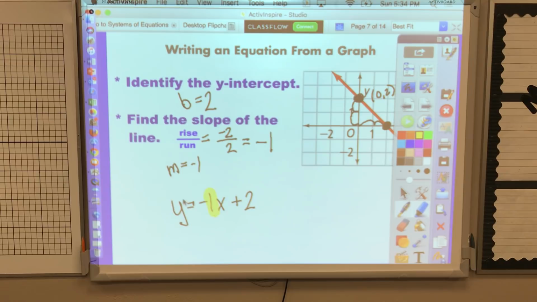So if we have a coefficient of 1 or negative 1, we actually don't want to write down that 1. So what we should write instead is y equals negative x plus 2. They mean that same thing, so they're equivalent equations, but this one is our final answer because it's in the simplified form.